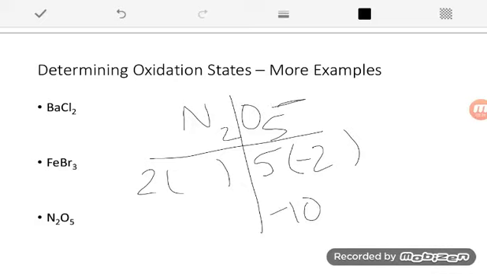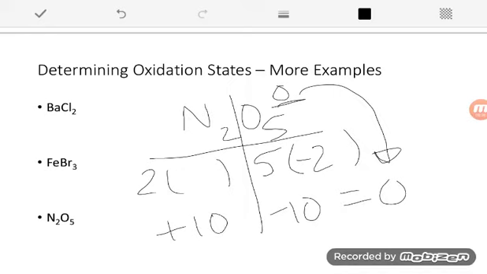We have a neutral compound, which means these have to add up to 0. There's no charge here, so they have to add up to 0. So if I have a -10, I must have a +10 over here. Since there's 2 nitrogens, each one of them must have an oxidation state of +5. Not what nitrogen wants to be, but what it has to be to make all of this balance out.